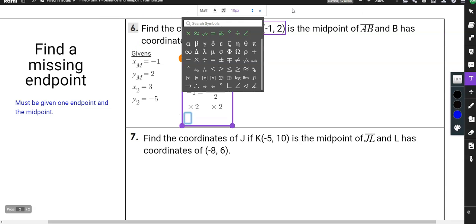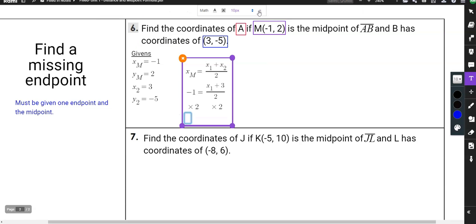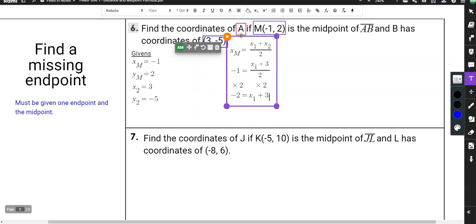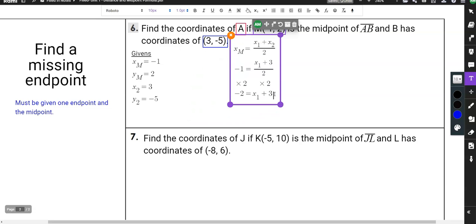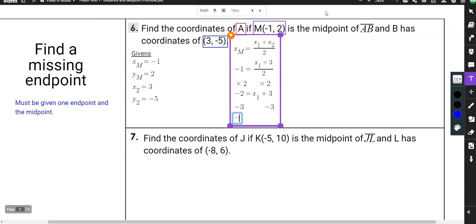But after multiplying both sides by 2, I am left with negative 2 is going to be equal to x plus 3, and it's x sub 1 plus 3. And then, of course, my next step would be to subtract the 3 from both sides. So we're going to do our minus 3. And that leaves us with negative 5 is equal to our x sub 1.